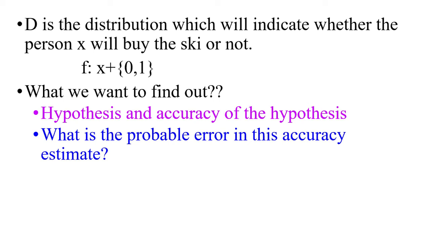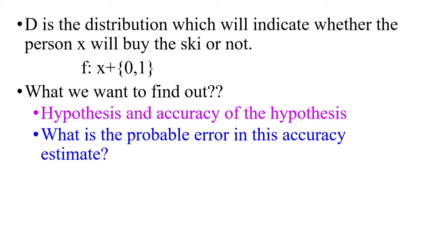So the target function is f: X to {0, 1}. This target function will classify the people as whether they will buy ski or not. If yes, then 1 is assigned. If no, then 0 will be assigned.